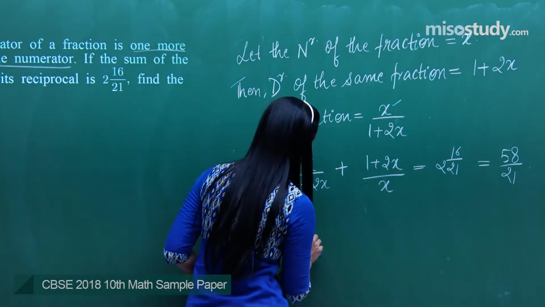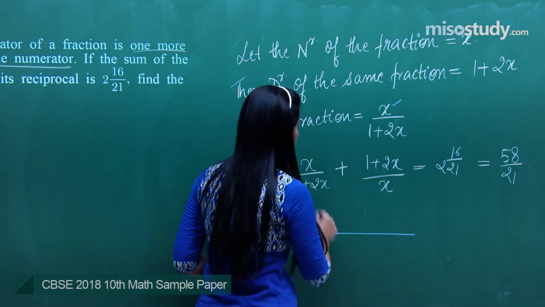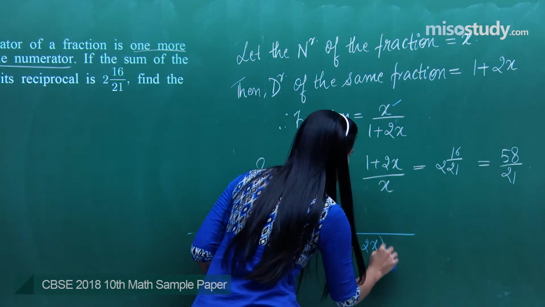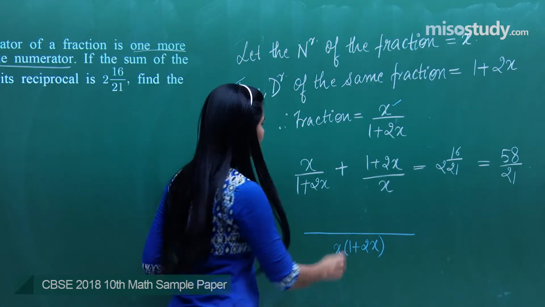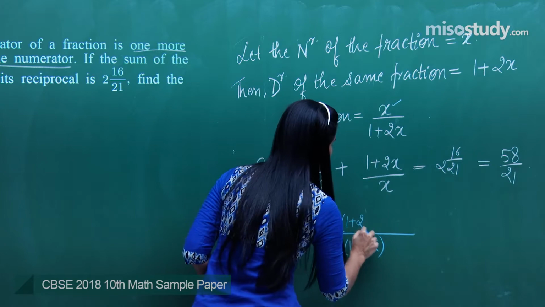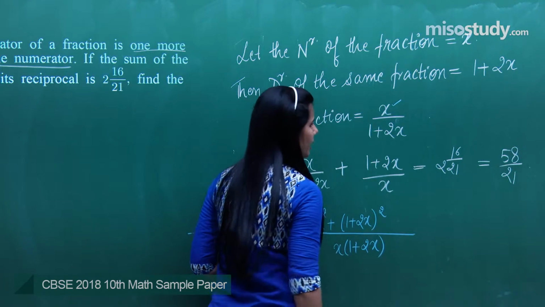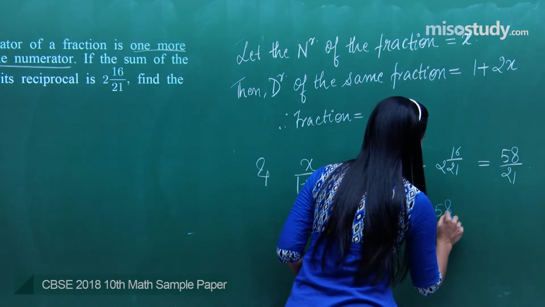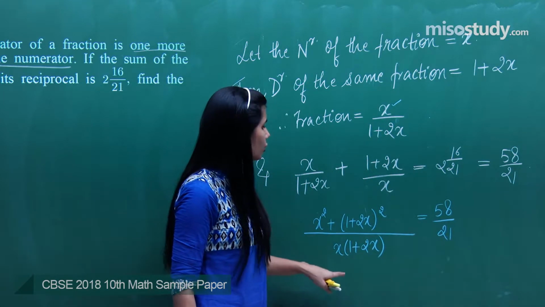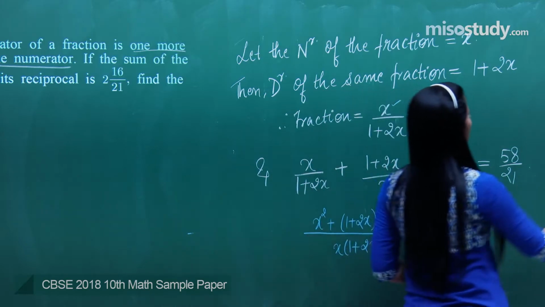Over here, what is it that you are going to obtain? You are going to take LCM as x into 1 plus 2x. This is going to be x square plus 1 plus 2x whole square, which is equal to 58 upon 21. Once you have this, let's see what happens further.